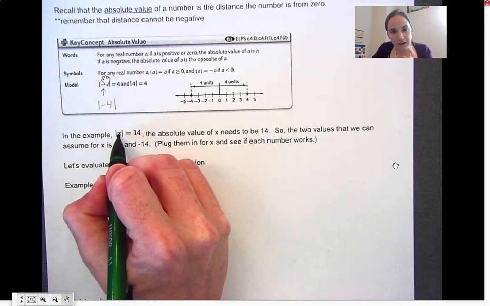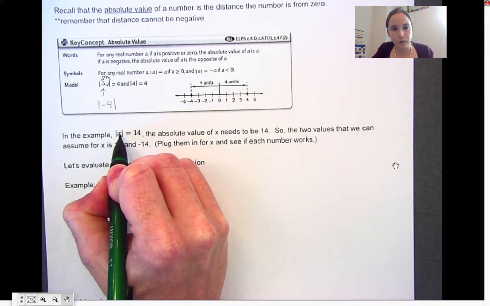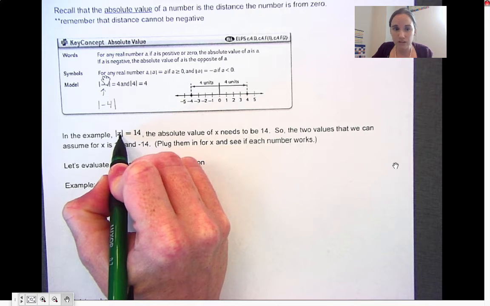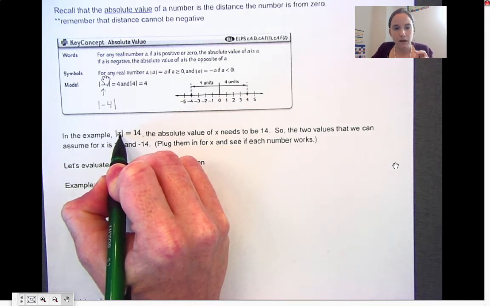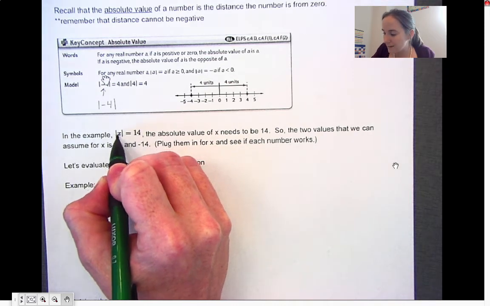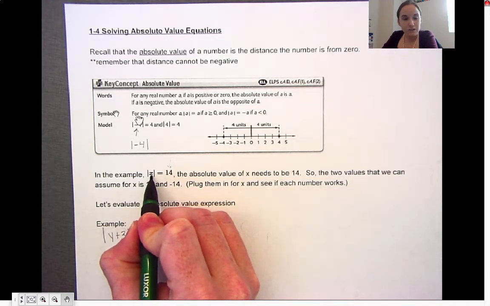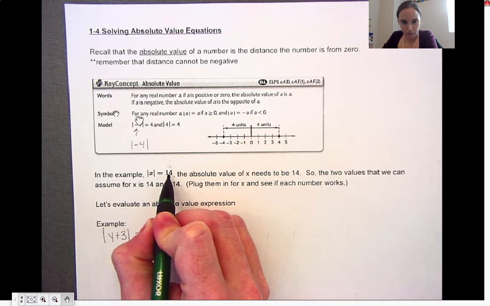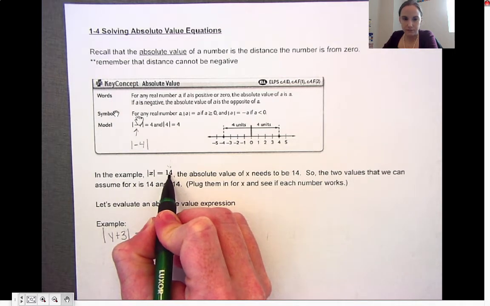So the value of x inside the absolute value bars can either be -14 or +14. So when we're solving problems, you want to think about what can be inside here to give you an absolute value or a distance of 14.